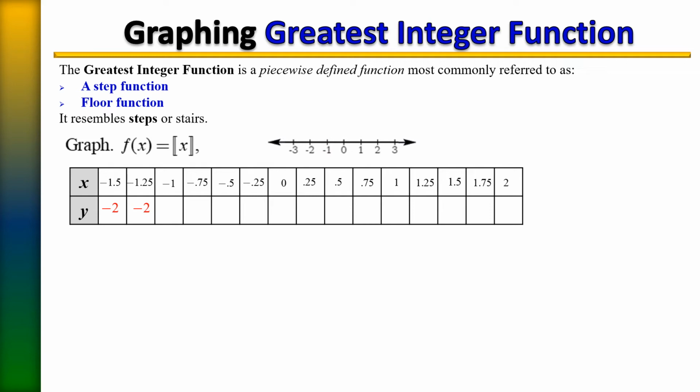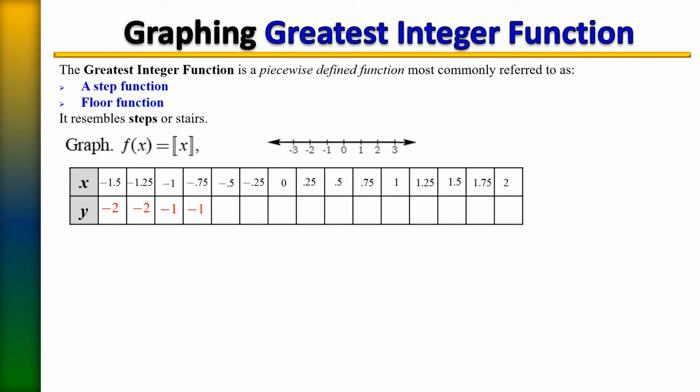So again, that would be negative 2. And that's going to be the case all the way till you get to the next integer, negative 1. So we want to know what is the greatest integer less than or equal to. Remember, if it's an integer, it would be equal to, so it would be negative 1.